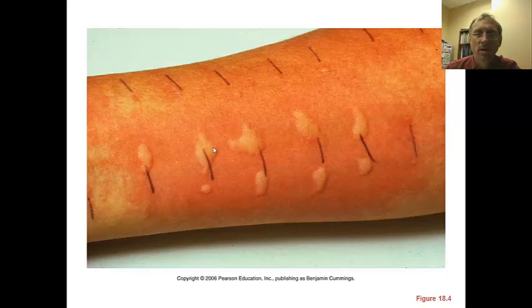And so the way that we would interpret the result that we see in this picture is that the patient is reacting against the antigen at this site, the antigen here, the antigen here, the antigen here, and the antigen here, but is unreactive to the antigen at this site. Therefore, the patient is not actually producing any IgE antibodies that react with the antigen inserted under the skin right here. By using this approach, a physician can identify what antigens the patient is making an inappropriate allergic response to.